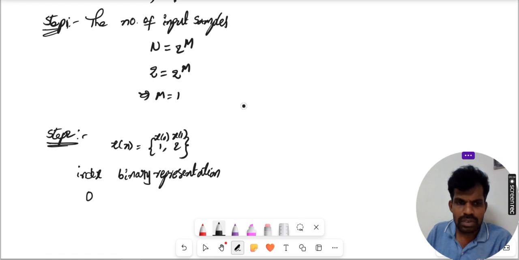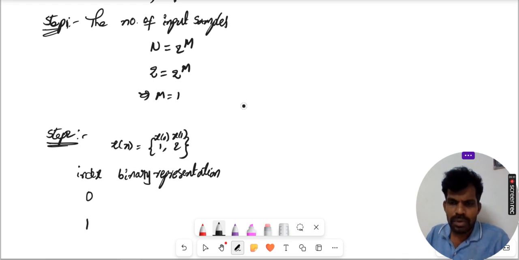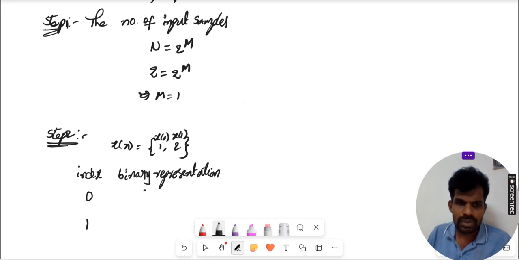Here the index is 0 and 1. How many samples? Only one bit is needed, so 0, and here also 0, whose bit reversal is also the same. Why?